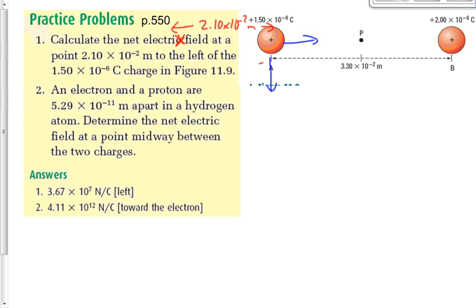So the first one is going to produce an electric field that looks like this. We don't really care about this part of it and this part of it and this part of it. All we care about is the electric field to the left of charge A. Let's call that EA. The field caused by A goes away from the positive producer. If it was a negative producer, then the field would have pointed towards it, but it isn't.